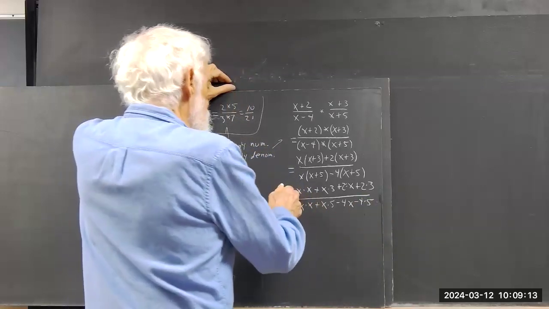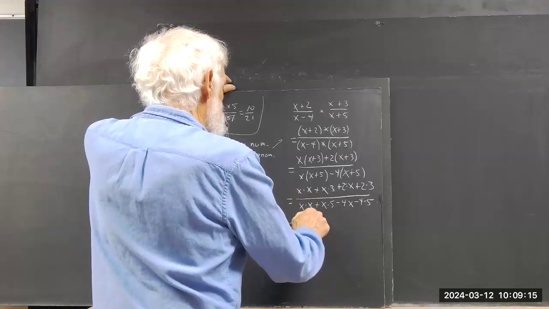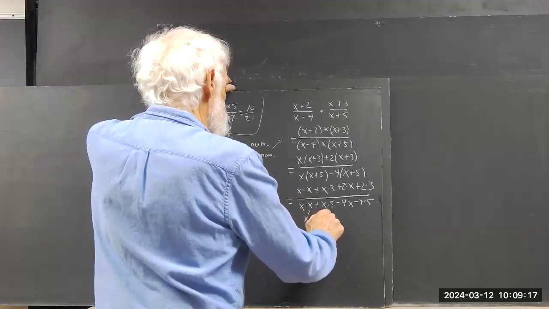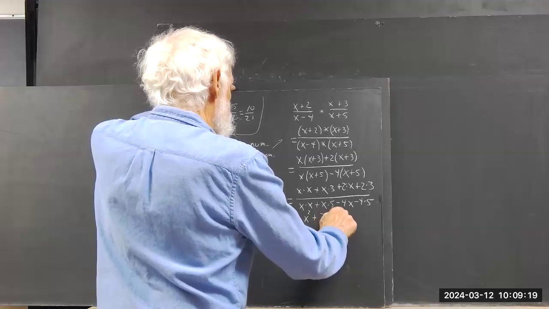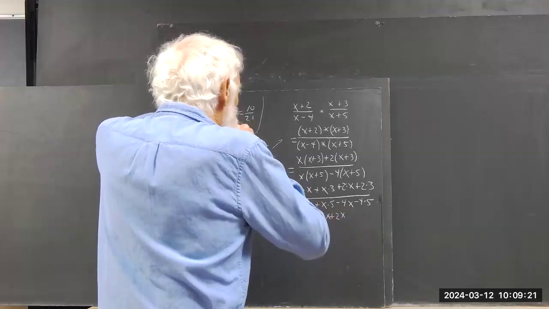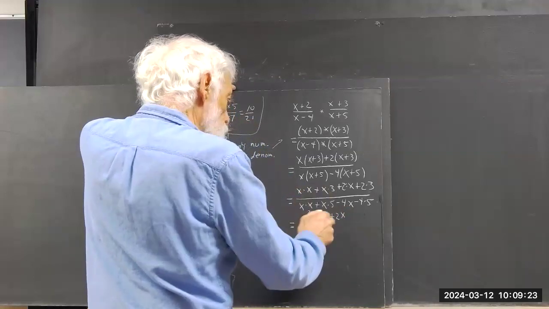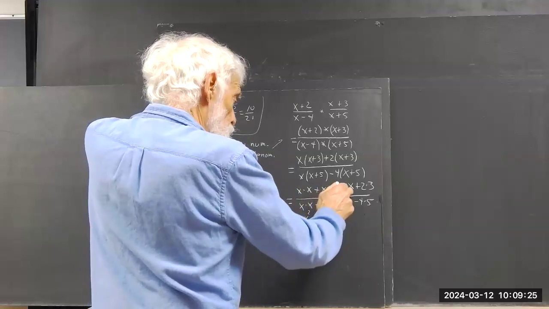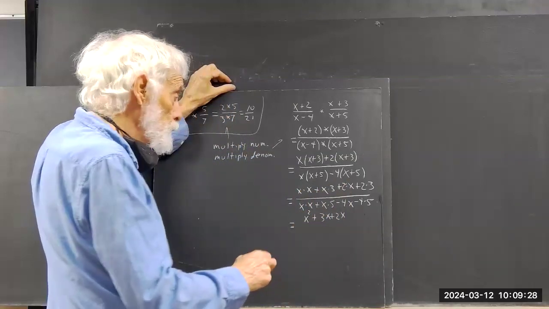Then we know what to do. The x times x becomes x squared. x times 3, we're going to write as 3x. 2 times x, we'll write as 2x.